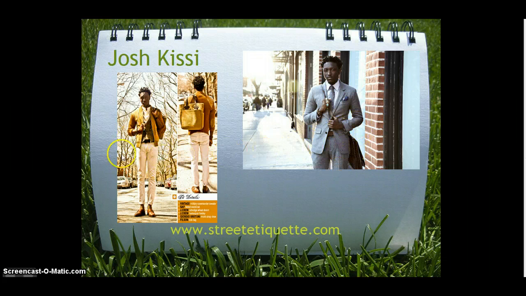In this photo here, he's got a baseball jacket on, his vest, chinos, and then you see him dressed up very much here. I only showed off these two photos, but if you go check out streetetiquette.com, it's a great website, and you can check out all their posts, and you'll see that Josh does have a really broad range, and he knows how to work within it, and that's definitely one of the things I admire about his work.